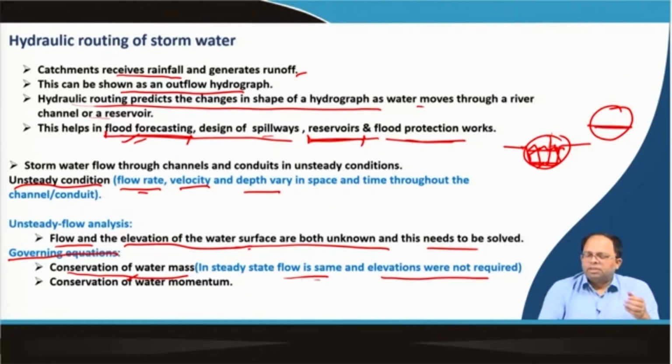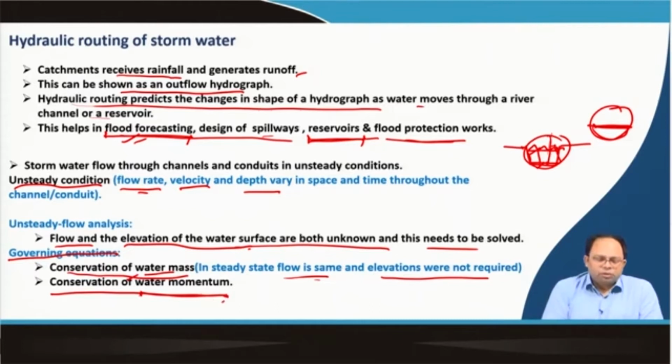But now, because there is unsteady flow, we also need to consider the conservation of water momentum. Along with conservation of mass, we also need to understand that water momentum, the total energy that goes into that, also is conserved, right. So, the equations that we need to solve are not only for conservation of mass, but also for conservation of momentum. That is what is different in case of stormwater flow.